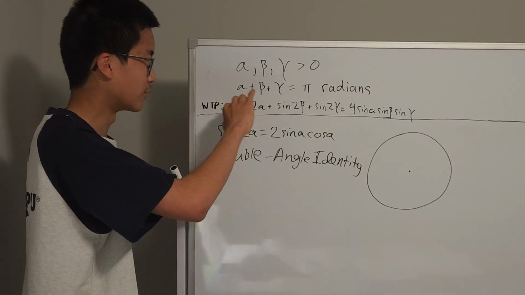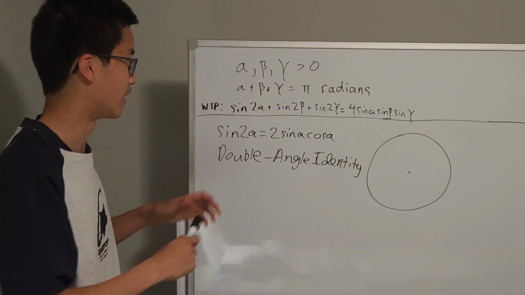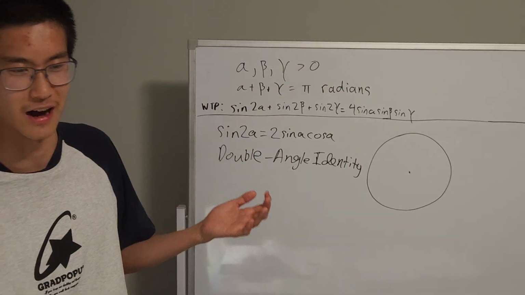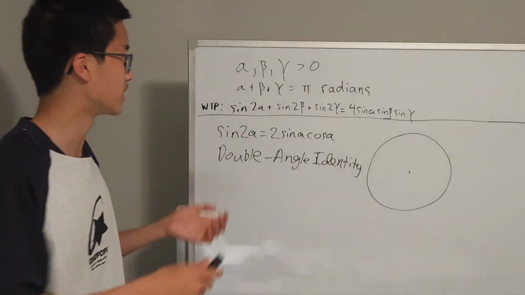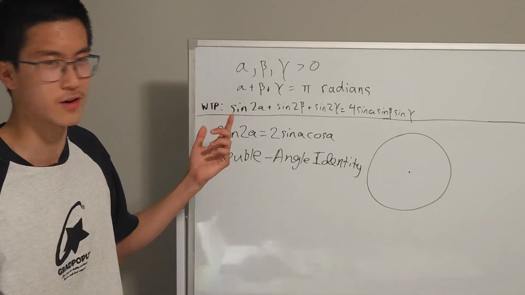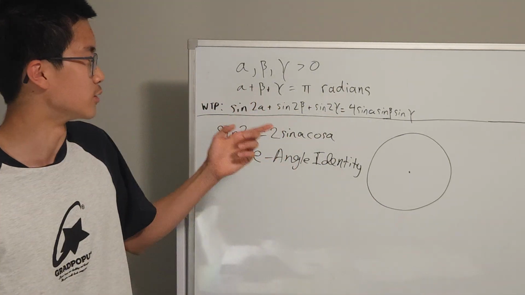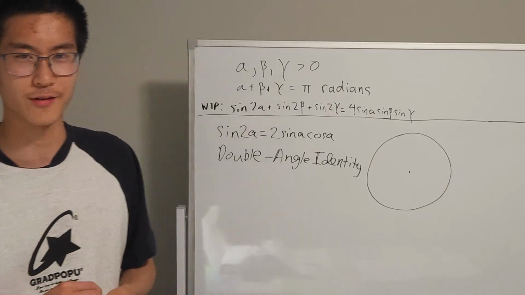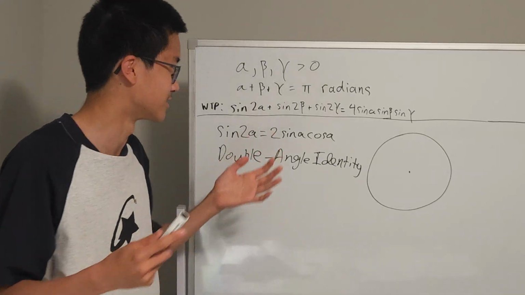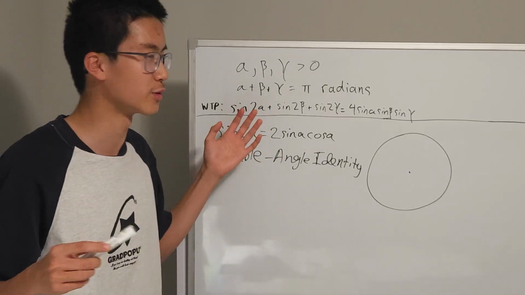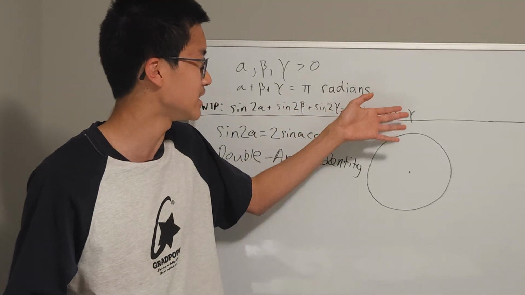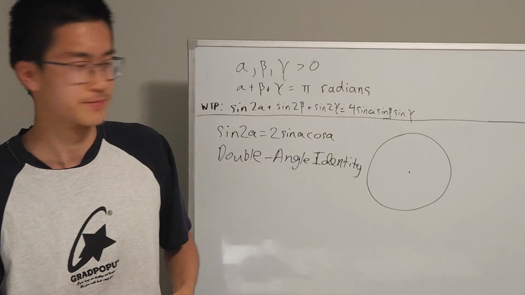You want to remove the compound angle right here. You want to remove the 2 alpha. And if you do that to each of the terms, sine 2 alpha, sine 2 beta, and sine 2 gamma, you'll realize that you have created a cosine term, right? And this is not what we really want because we do not see a cosine right here.